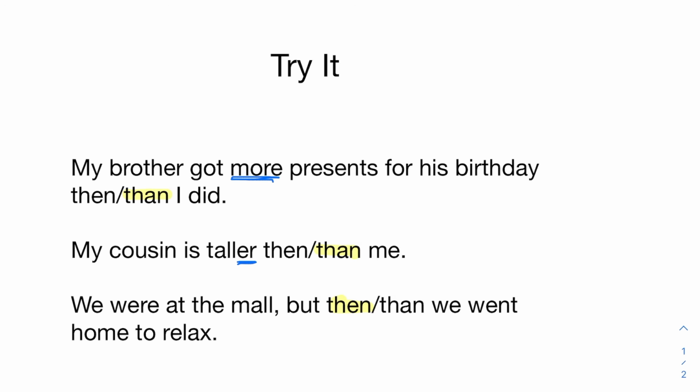Then we went home to relax. So after the mall, then they went home to relax. That's event number 2. So this is a sequence or order of things. We're looking at attending the mall first, going home to relax afterwards. One event precedes the other, and "then" would be our correct answer for that.